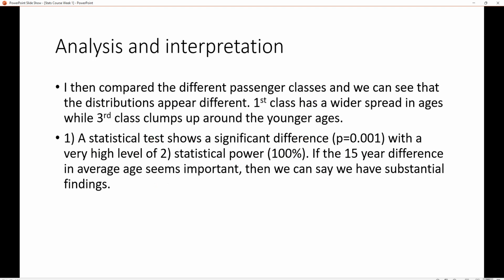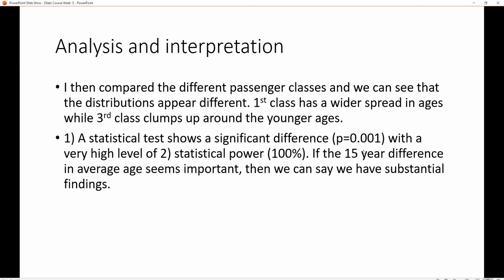In our analysis and interpretation, I compared the different passenger classes, and we can see that the distributions appear different. First class has a wider spread in ages, while third class clumps up around the younger ages. In our inferential statistics, a statistical test shows a significant difference, p equals 0.001, which means there's a very low chance of us being incorrect in this interpretation.